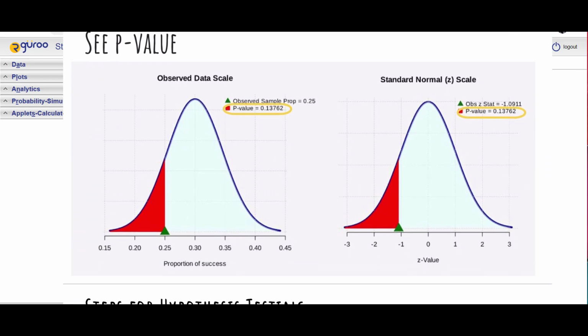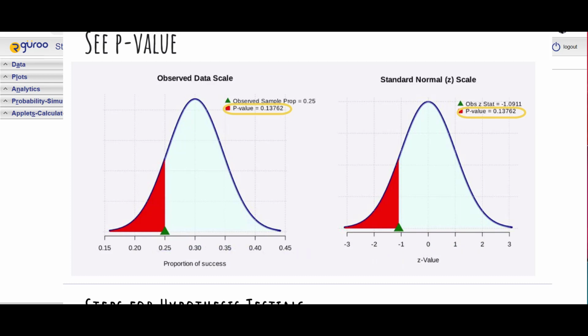All right. So your p-value, let me show you. Both of these two graphs here show the observed and standard normal z-scale version of your test graph. And so basically, this number here is your observed sample statistic. Over here, it looks like it's in the same place, but you have different numbers on the bottom.